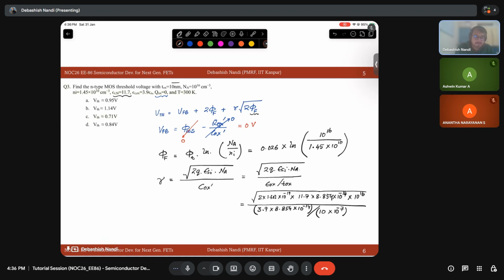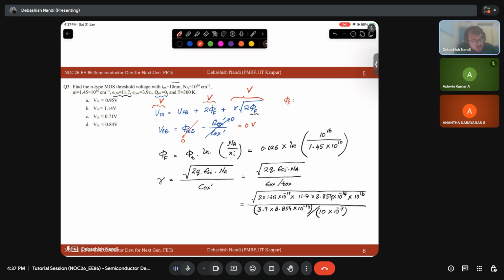Fine. How can you say that the gamma unit is square root of volt? What is the unit of VTH? Volt. What is the unit of this quantity? If it is added, the entire quantity will also be volt. So what is the unit of phi f? This is also added, right?